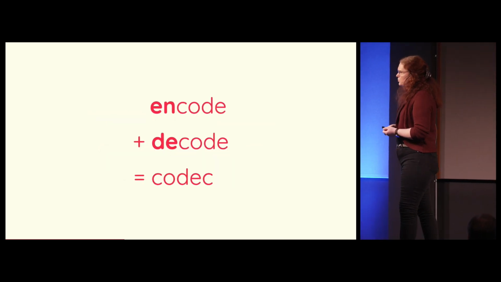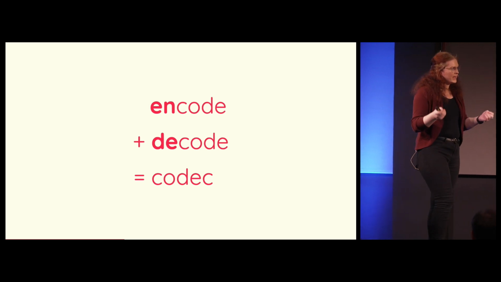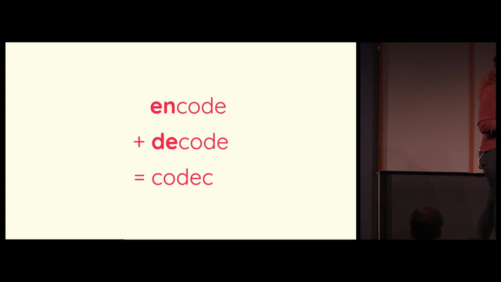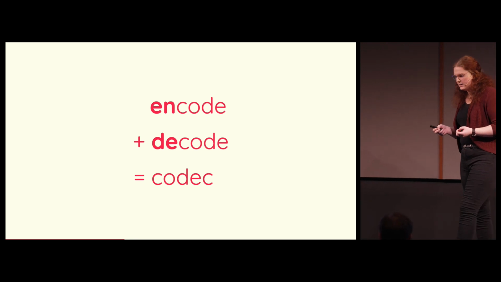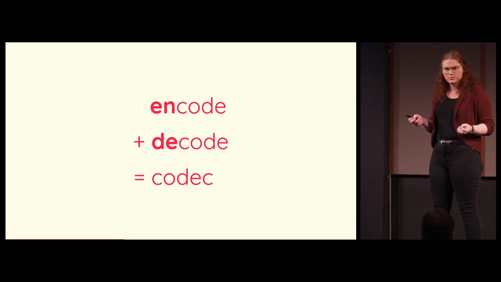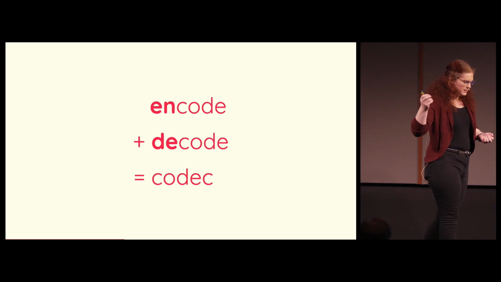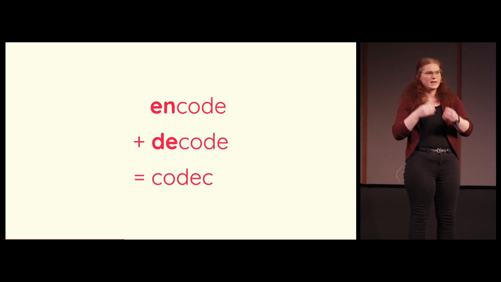In order to translate from and to these video formats and container formats, we use something called a codec. Codec stands for encode and decode. A codec is basically a program with two functions, one that takes raw image data in and returns data in the format.